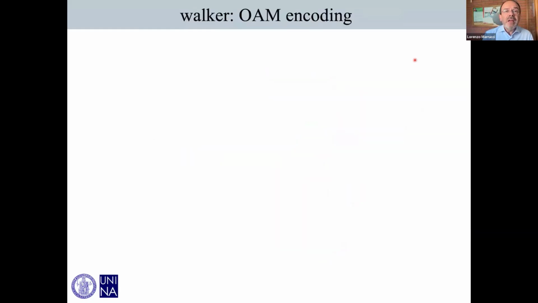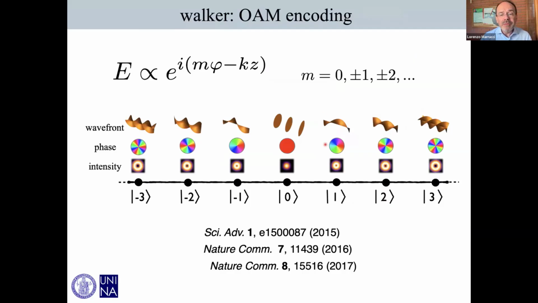For the walker, we initially were using, in our first works, 2015, 2016, 2017, orbital angular momentum eigenstates, which are essentially electromagnetic waves having a spatial structure that includes this phase factor here, in which besides the plane wave term there is also this azimuthal phi dependence with an integer m, which has any positive or negative value.